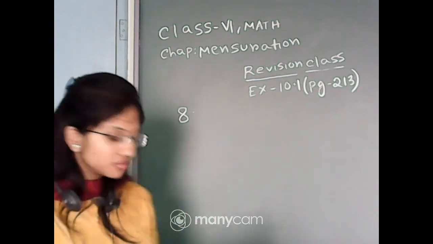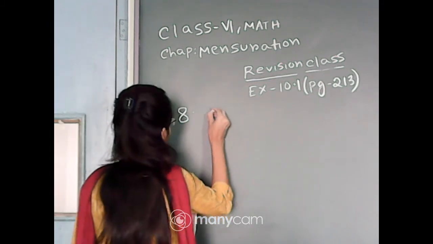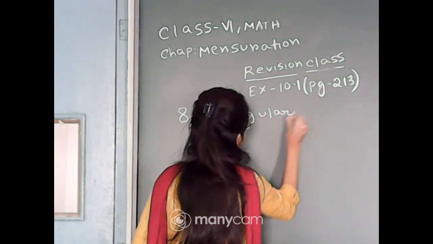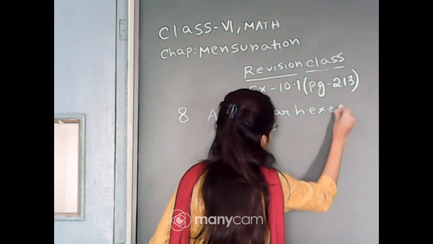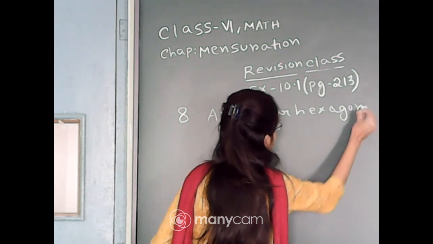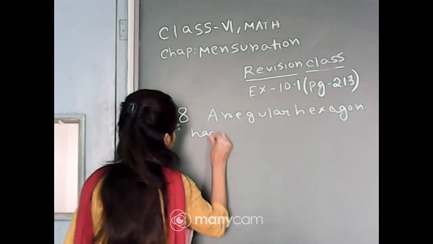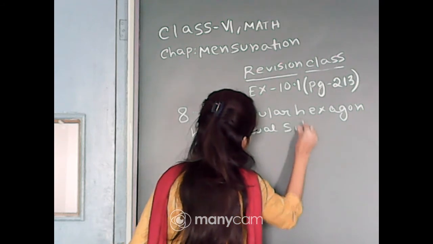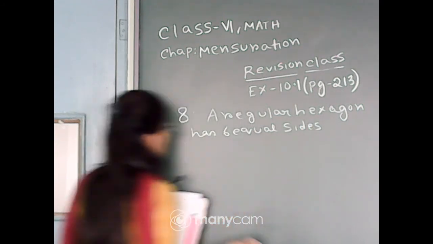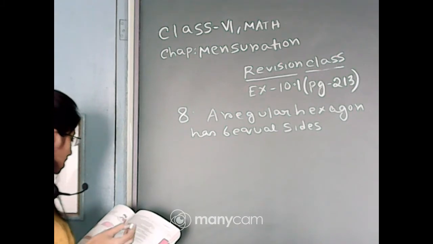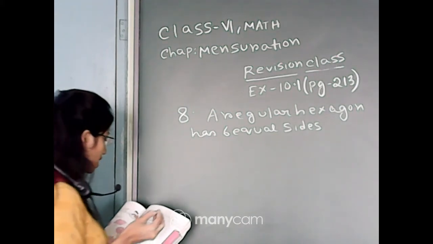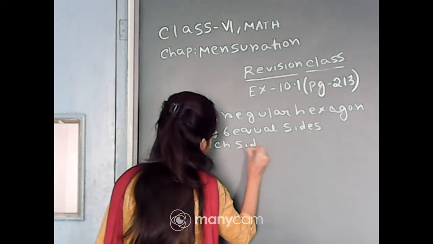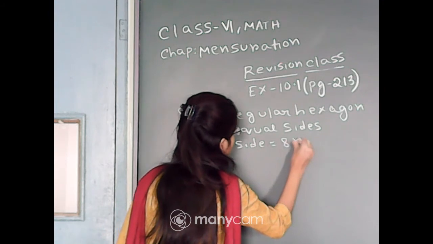Here we know that a regular hexagon has 6 equal sides, and it is given that each side is equal to 8 meter.